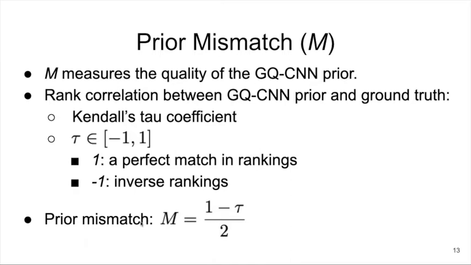The Kendall's tau coefficient is a value between -1 and 1, where 1 denotes a perfect match in the ranking, and -1 denotes a perfectly inverse ranking. We define the prior mismatch M as a dissimilarity measure that maps tau to a range between 0 and 1. We did not choose L2 distance because the exact Q values and exact ground truth values do not matter as much as the ranking in terms of determining which arm the Thompson sampling algorithm will pick.